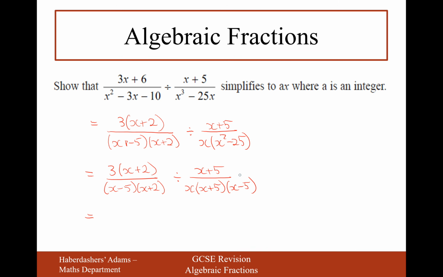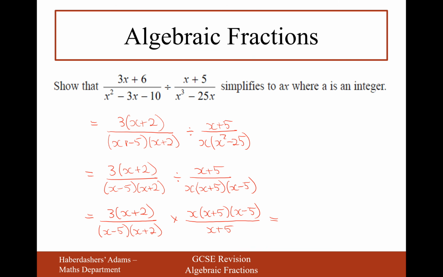So we now need to times and flip before cancelling out. So don't cancel out yet. So times x bracket x plus 5, x minus 5 over x plus 5.